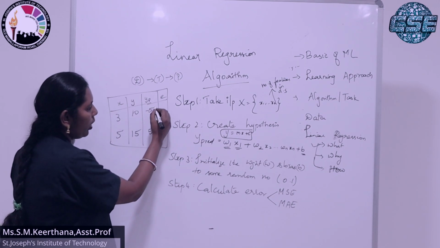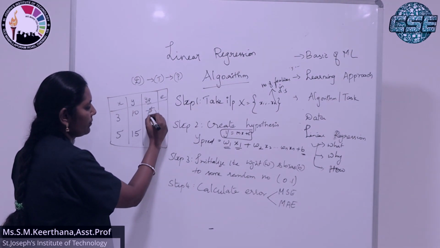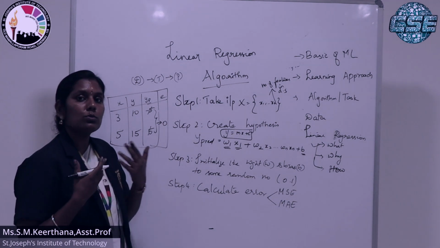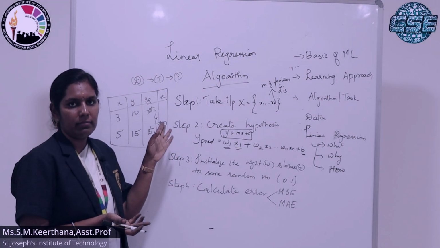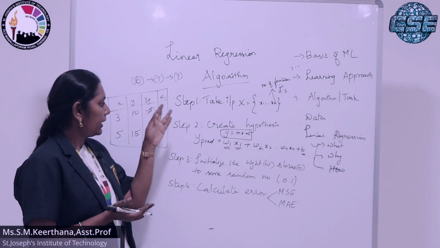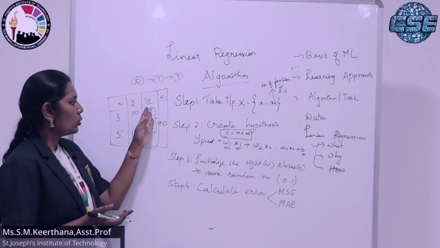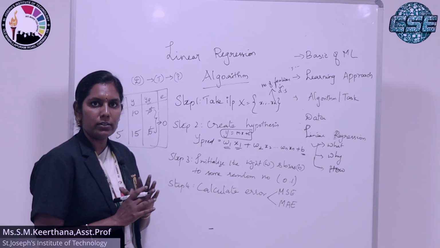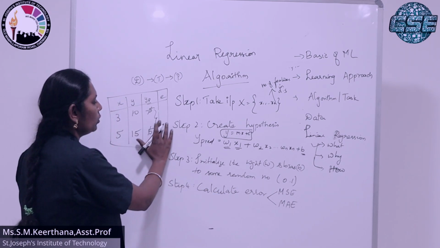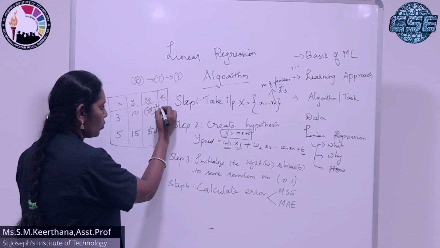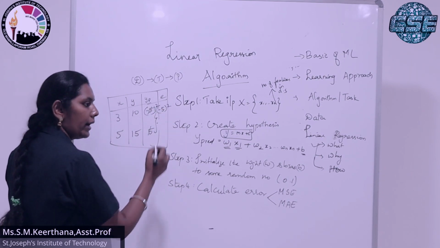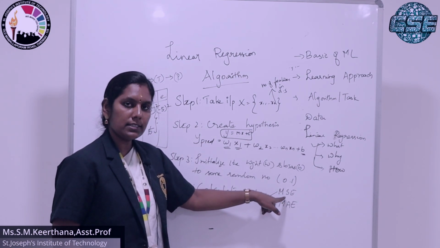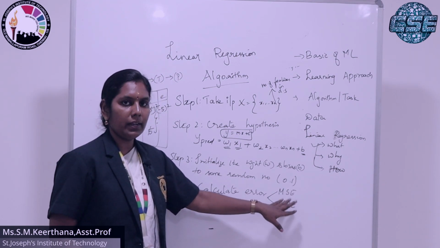When I add this error, the plus 5 and minus 5 cancel out and it becomes 0, so that my model learns that there is no error in the learning of the model. So it has minus 5 error and plus 5 error. If we add it directly, it tends to give 0, and the model might mug up that there is no error in the learning. So that's why we are either taking square or absolute to convert the negative values into positive values. That's why in calculating the error, it is mean squared error or mean absolute error.